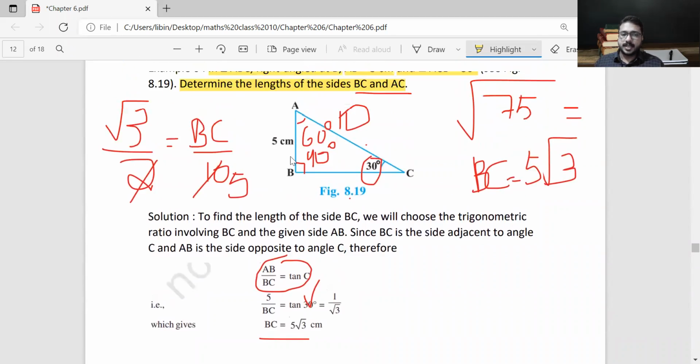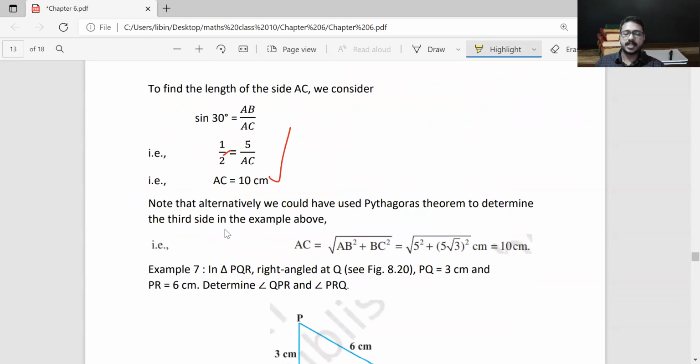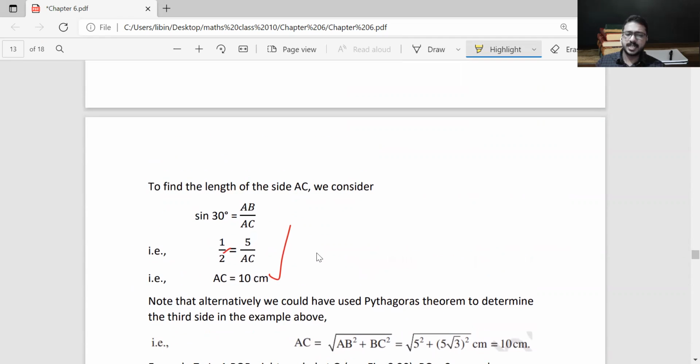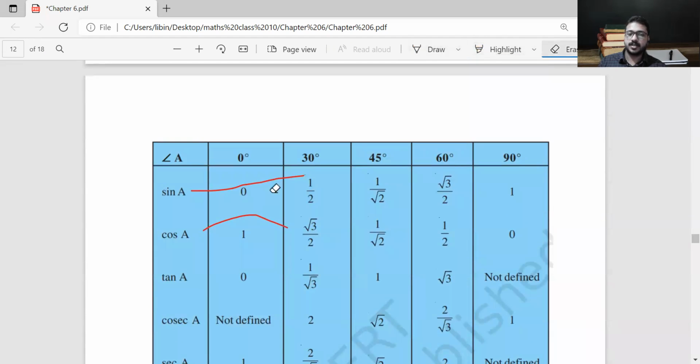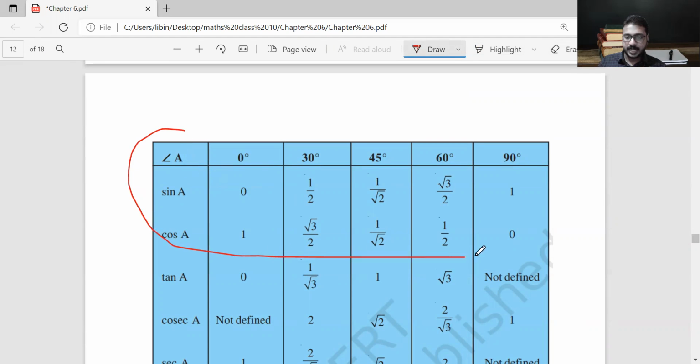So now we will have another example also, and I think we can do that example in the next class. I'm not going for the next example now because all of you should learn by heart this table, specifically the values of sine A and cos A, where A is equal to 0, 30, 45, 60, 90.